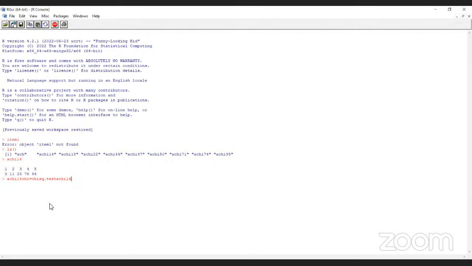Chi square test, then bracket. Chi square dot test is the function. After that function, you write the data, then enter.